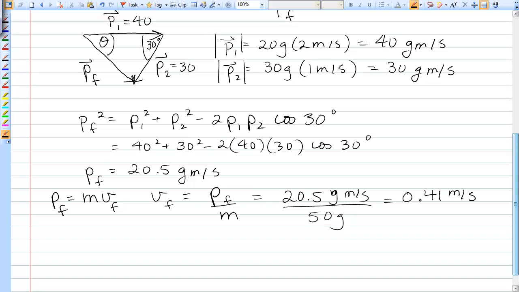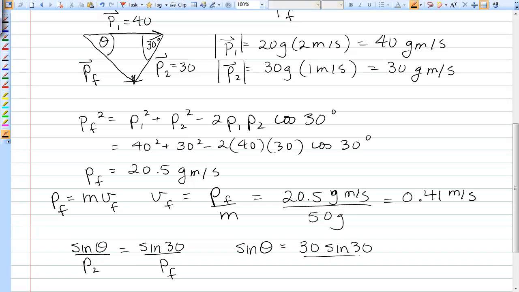Now we go back to the triangle to find theta, and we apply the sine law. So we have that the sine of theta over P2 must be the sine of 30 over Pf, or the sine of theta is equal to P2 times sine 30 over Pf.